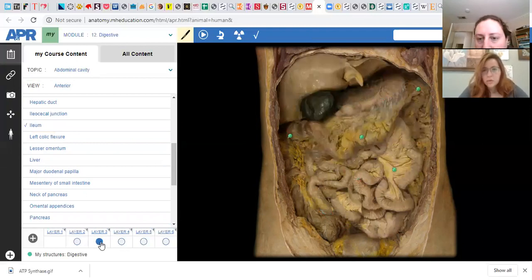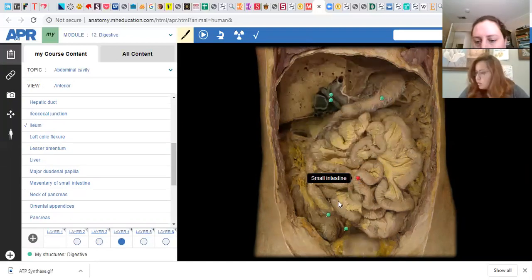Basically, it doesn't do a great job of distinguishing it. But we know that the duodenum is just this short little bit. So all the small intestine we can see up here, this is jejunum. And then everything we can see down here is ileum.